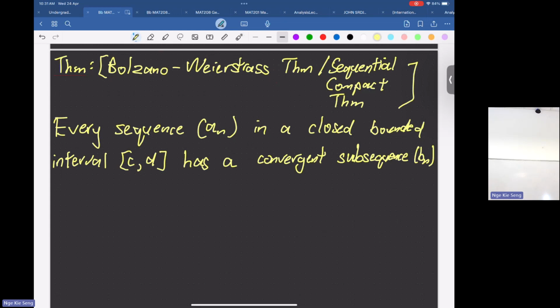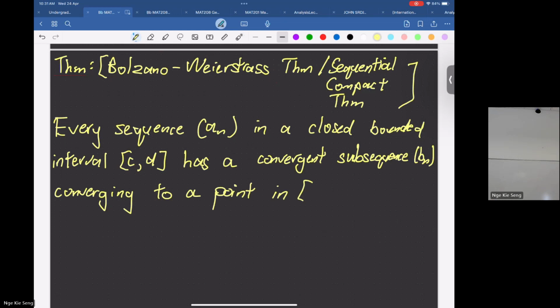So it converges, right? Converges to somewhere inside the closed interval [c,d], where c and d are in R and c is less than d. So this is talking about the interval.